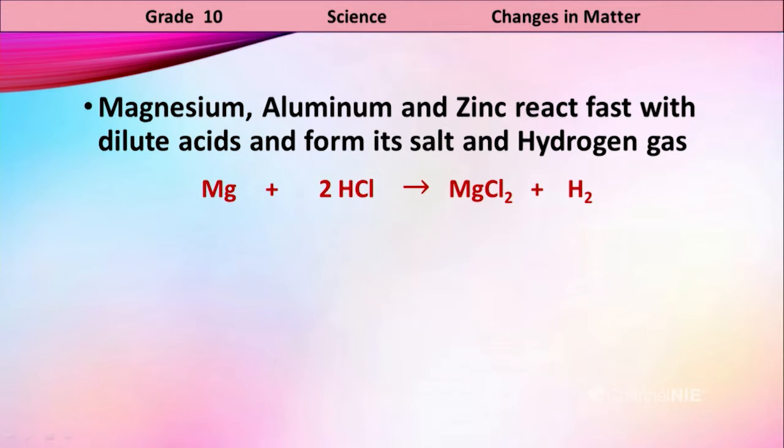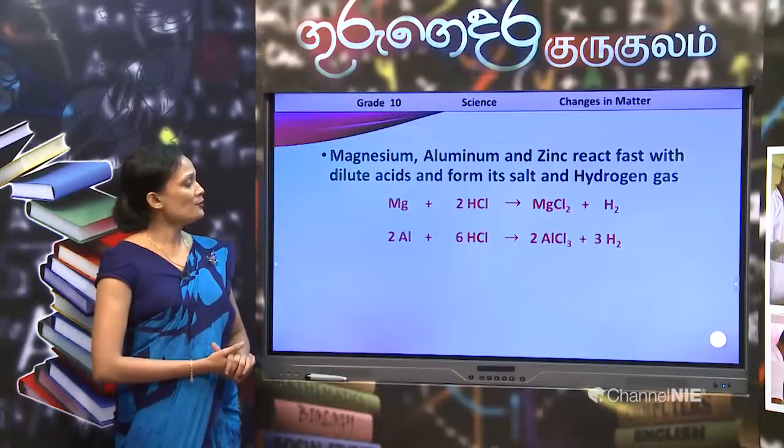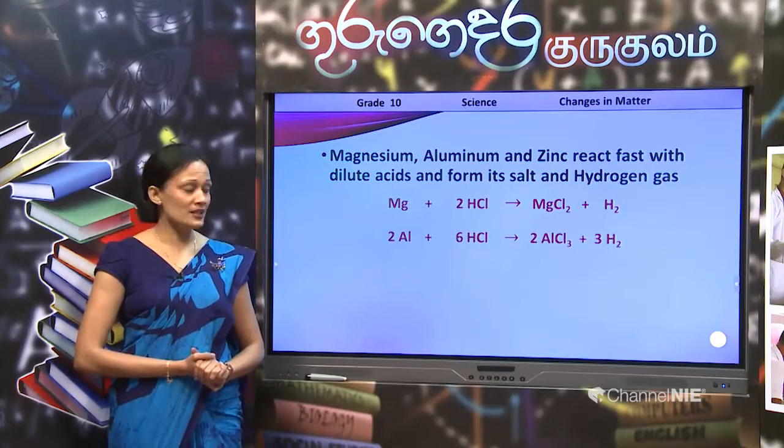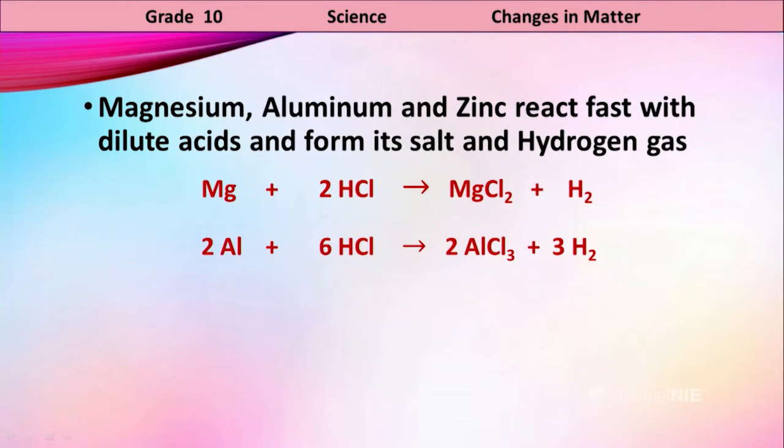Magnesium reacts with hydrochloric acid and forms magnesium chloride and hydrogen gas. Aluminium reacts with hydrochloric acid and forms aluminium chloride and hydrogen gas. Zinc reacts with hydrochloric acid and forms zinc chloride and hydrogen gas.